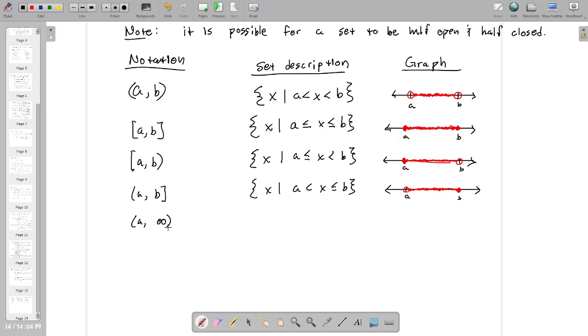A to infinity, open. Now, A is not included, so of course we have an open circle. And then we go all the way out to infinity.